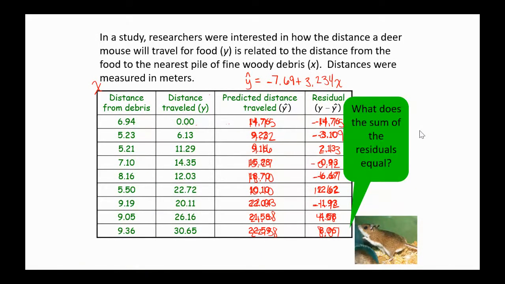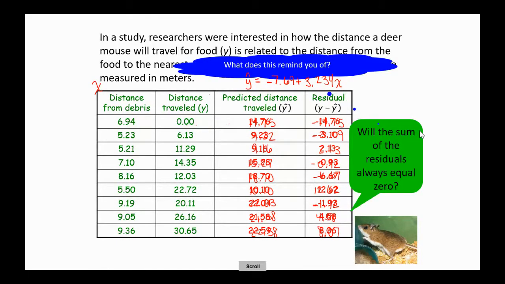You think it'll always equal 0? Yes, it will. So that's what goes in that blank. Will the sum of the residuals always equal blank? Always equals 0. And then your answer would be yes.